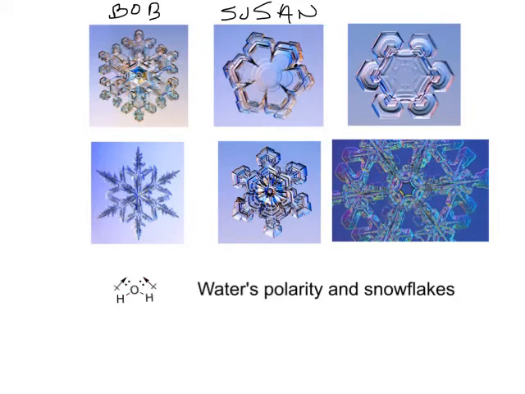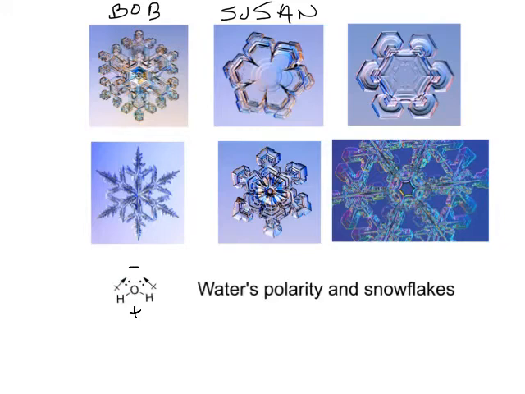You can think of these sort of as vectors, or like tension that you talked about in your physics class before. One of them is pointing to the left and one to the right, so that cancels out, but both of them are pointing up. So water has a partial negative charge on the oxygen side and a partial positive charge on the hydrogen side.